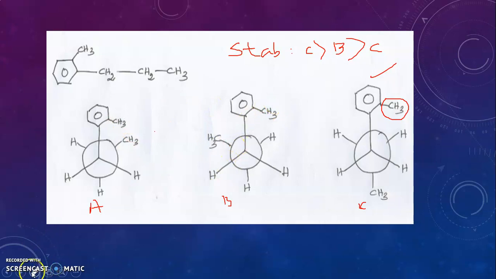Now suppose you consider these two structures. See here, the dihedral angle between this phenyl group and this methyl group is 60 degrees. Similarly, in conformation B also, the dihedral angle between the phenyl group and the methyl group is 60 degrees.